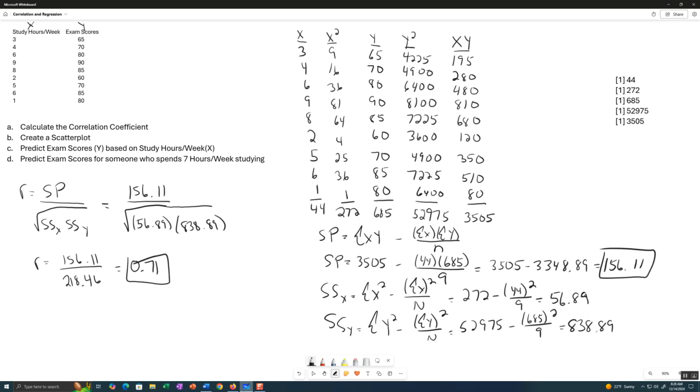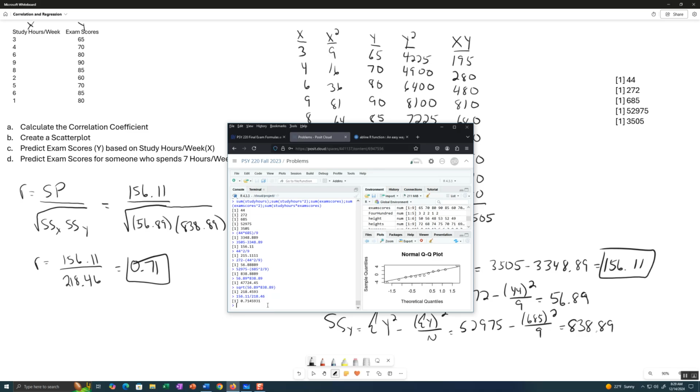And then I check that in R simply by putting cor and the two variables in. Exam scores, comma, study hours. Doesn't matter what order you put them in. And that's correct. So that's my correlation. Now once I have that correlation, I can do the regression.